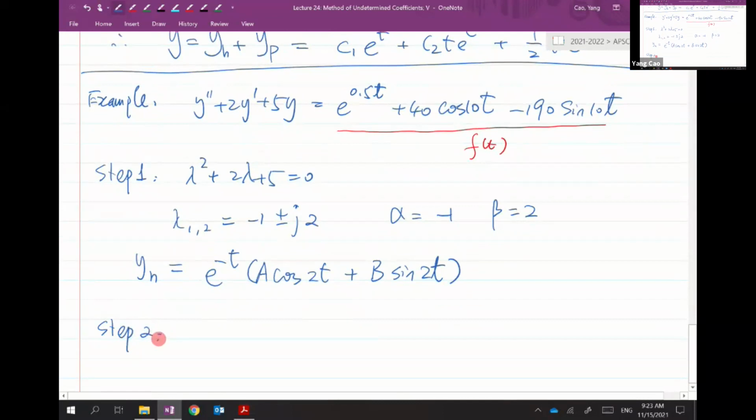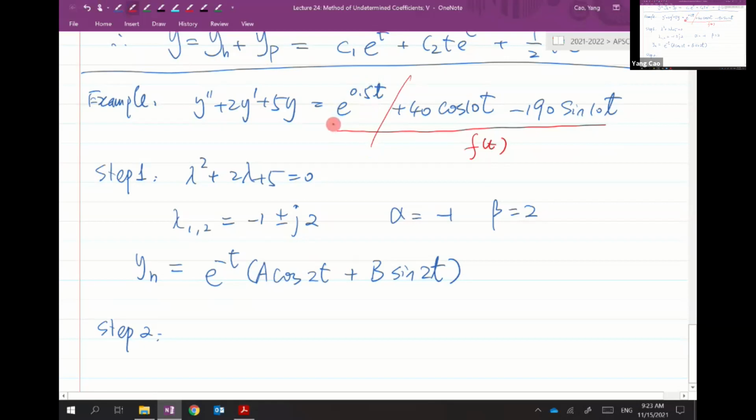Step 2. Step 2 is where we need to look at the YP, and this time you examine this f of t. It's pretty obvious f of t has 2 different functions. It's an addition of 2 different functions.